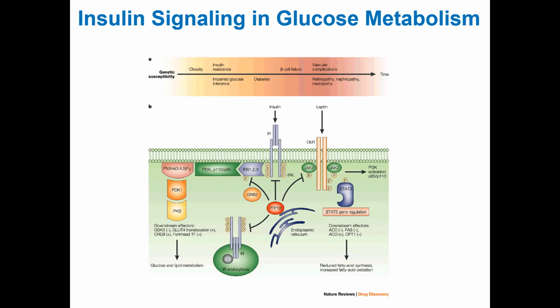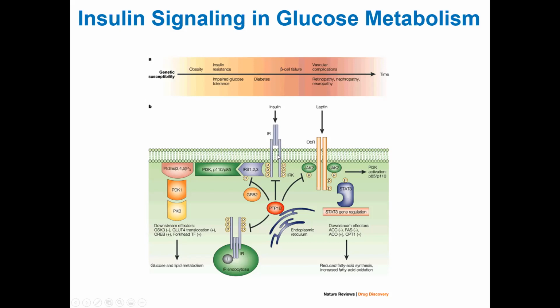Now I will let you think about that. Why would inhibition of PTP1B be good for a diabetic patient, especially type 2 diabetes, the people who have developed insulin resistance? I don't want to leave you in limbo because I know many of you will not go back and think about it, so let me tell you why. If you inhibit the function of PTP1B with, let's say, a competitive inhibitor, what will happen?